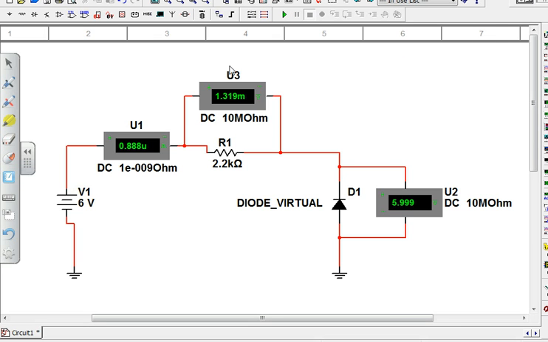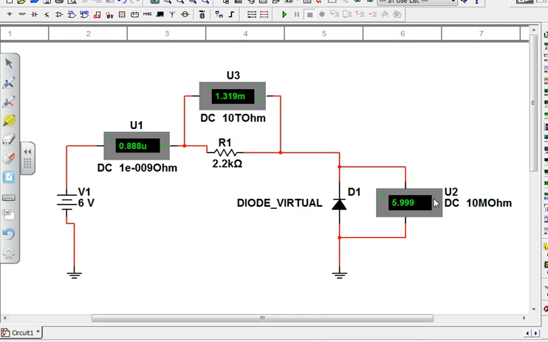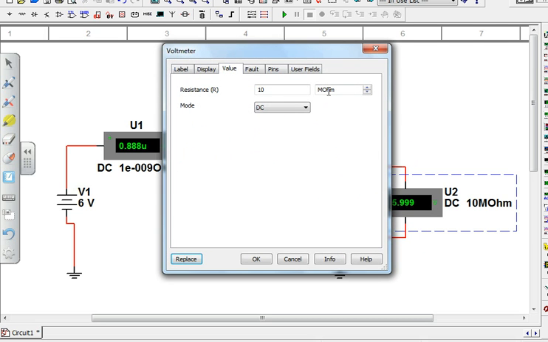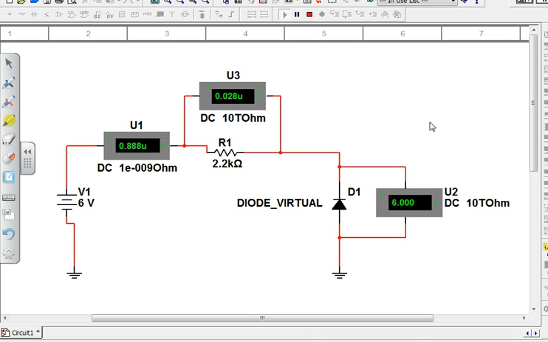Yeah. So if we take our voltmeters and change this to tera ohms, I bet you that we're going to see a better result. There, is that better? So now we have 6 volts showing up there.